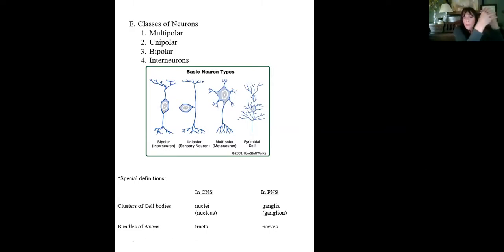If you have a bunch of cell bodies and they have axons, they're going to be a bundle streaming away from that nucleus, or several bundles coming away from nuclei, and those in the CNS would be called tracts. In the PNS, they're called nerves, okay?